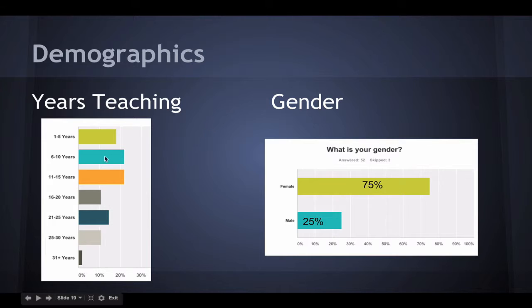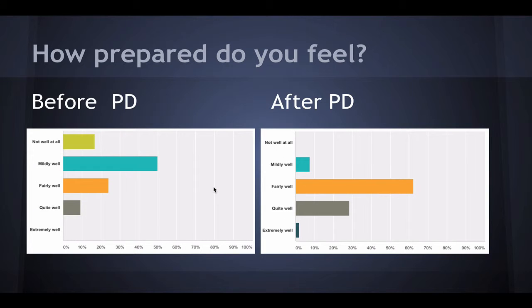Under years teaching, we can see that a range of 6 through 15 years would be the majority of the teachers. So we can see that in the older teachers we have seemingly less, and that would be borne out by the number of retirements that we've seen in recent years. Not surprisingly, 75% of the teachers were female, 25% male.